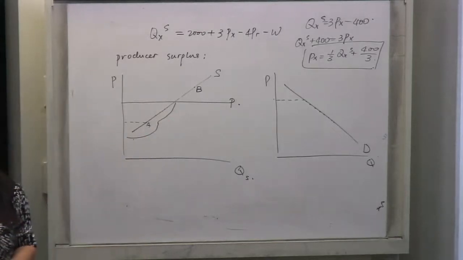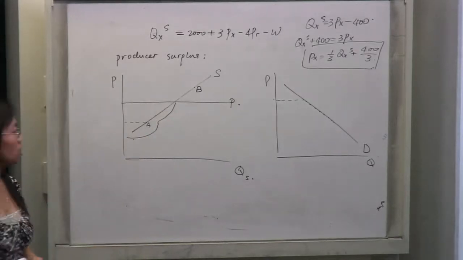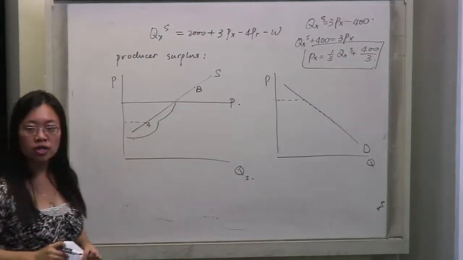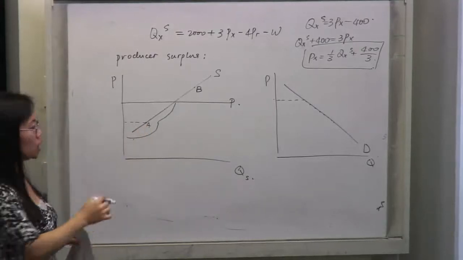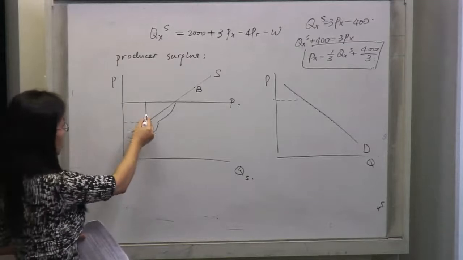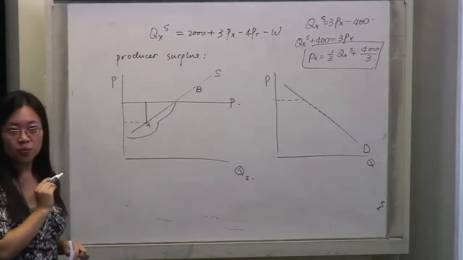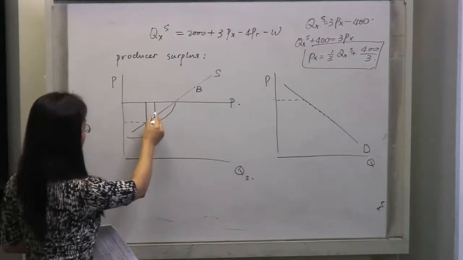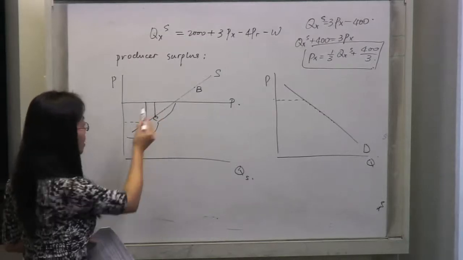So all those firms below the price are going to participate. And for firm A, what's firm A's gain of producing and selling one unit? It's this distance here, right? For this firm here, this distance represents firm C's gain.